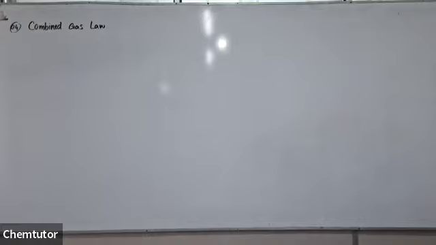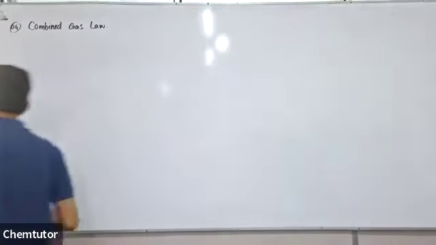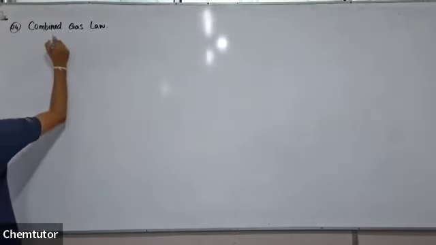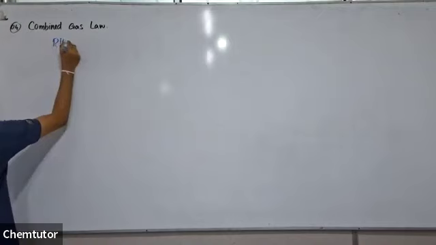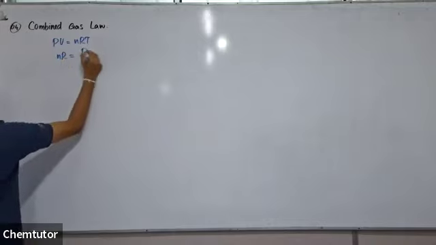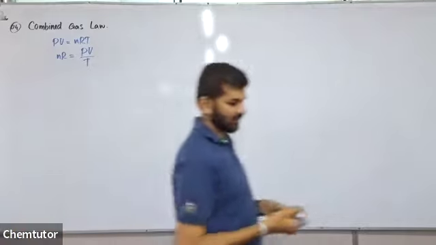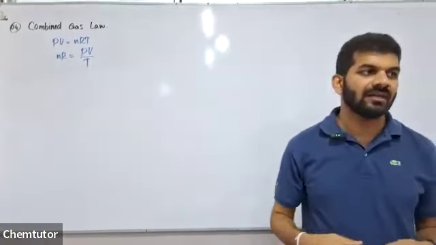We have PV equals nRT, the ideal gas expression. If we make nR the subject, nR equals PV over T. We can rearrange it like that.